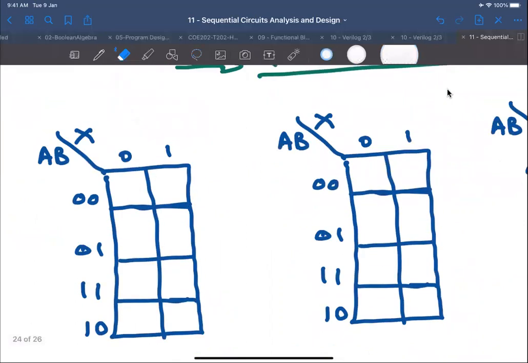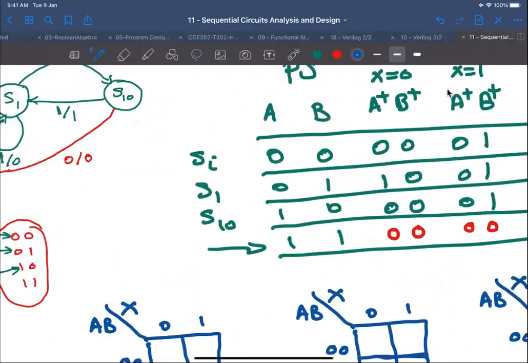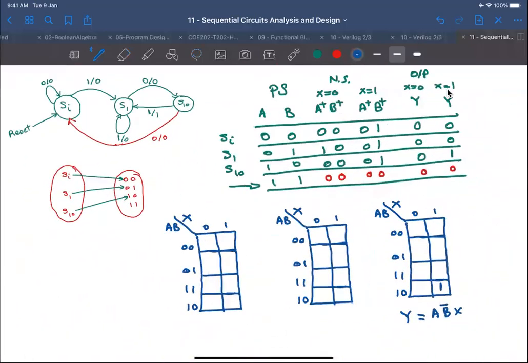So for A plus, when is it 1? Who can tell me which row and which column the K-map is 1 for A plus? Row number 2, the second column. Excellent.